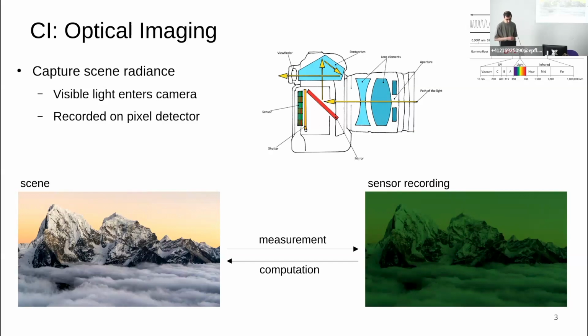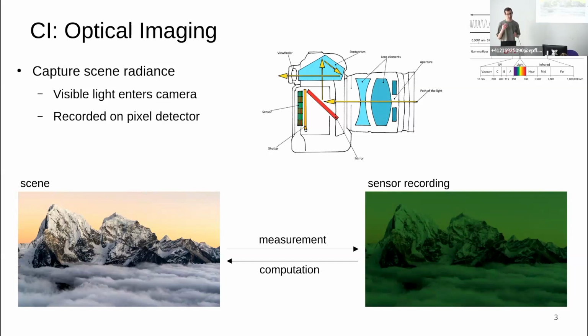And so here we use computation to try to undo the blurring effect and the color effects to get the image.